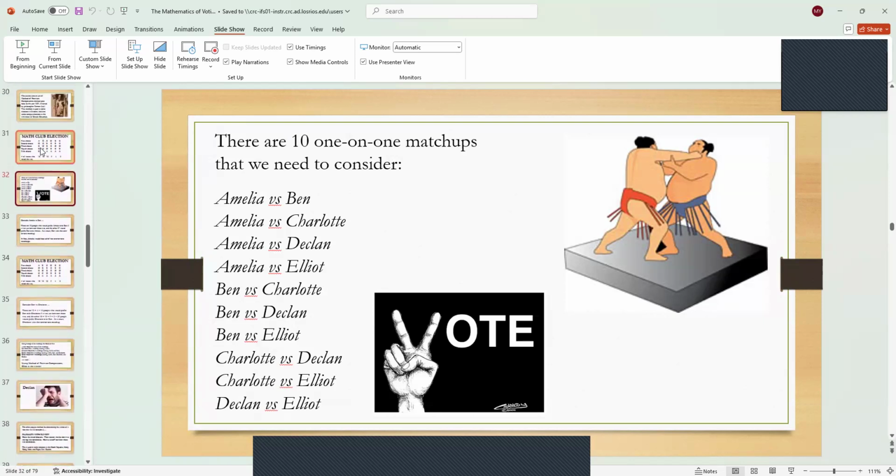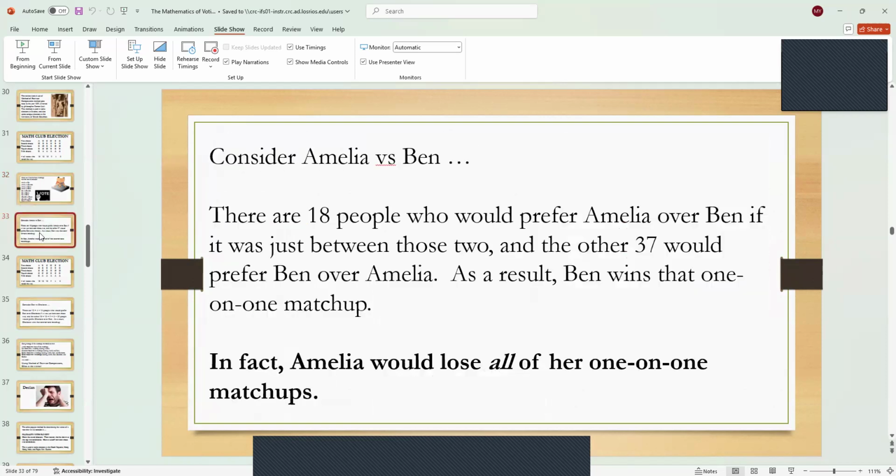So let's talk about how we would know who should be the winner of one of those one-on-one matchups. Let's talk about Amelia versus Ben, for example. Who should win if it's just Amelia versus Ben?